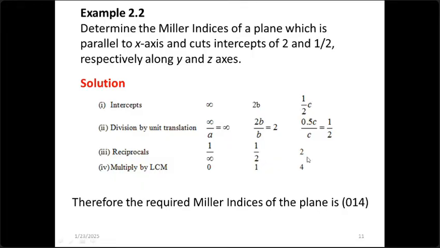Actually, this one we just forget about it because 1 divided by infinity is 0. So we only take the LCM of 2 and 1, which is 2. So I'll multiply half by 2 and get 1. 2 by 2 I get 4. And that gives me the Miller indices 0, 1, 4.